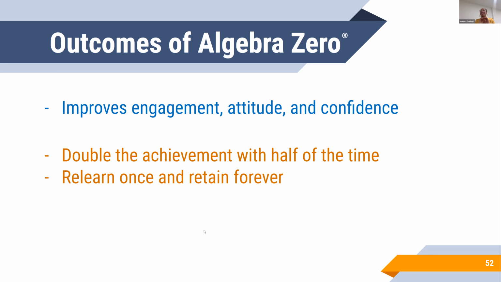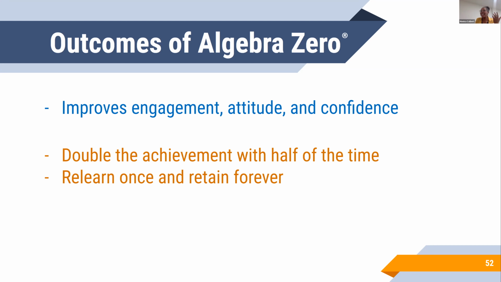So it's truly guaranteed to double the achievement with half of the time. So as I mentioned, just having them discover what it is that these concepts entail, it gives them an automatic way to own what it is that they're learning.